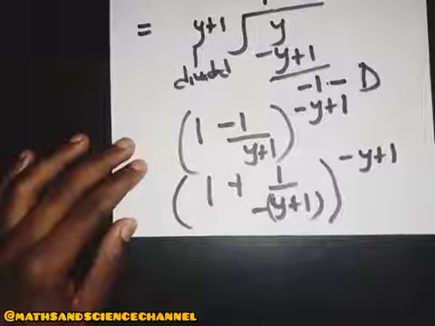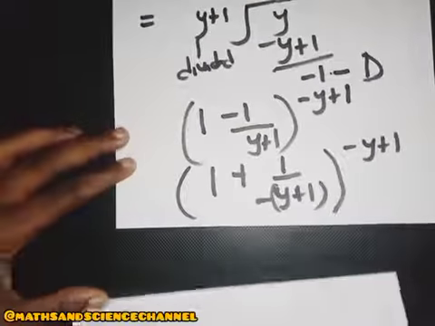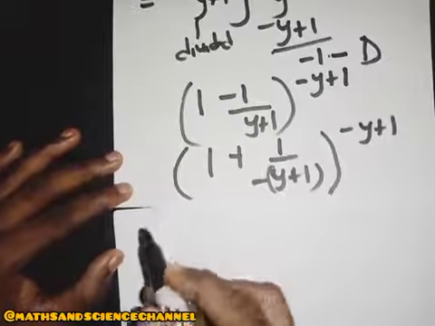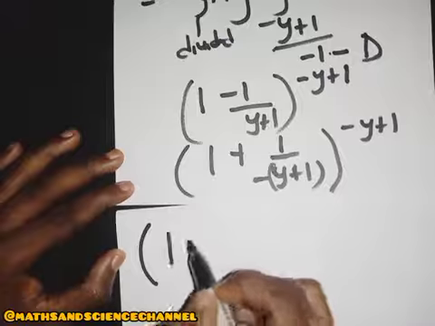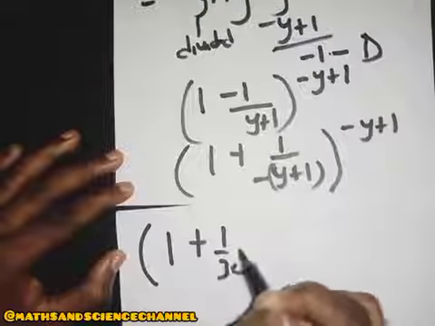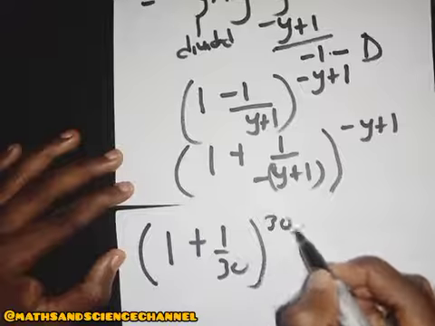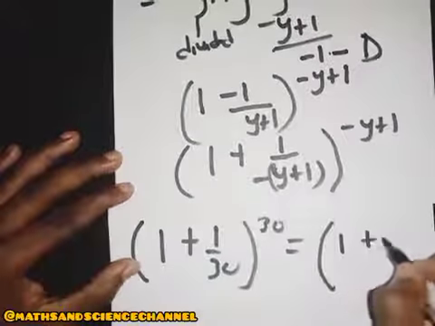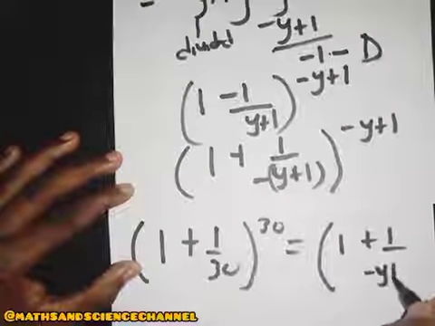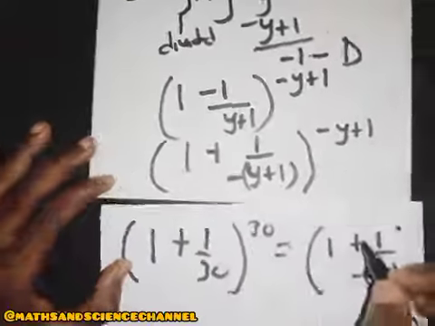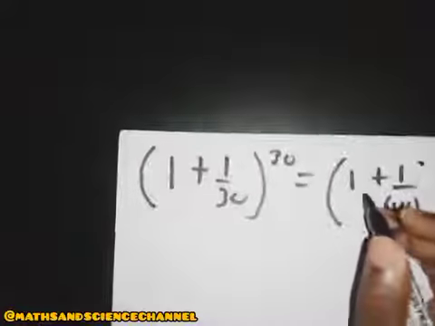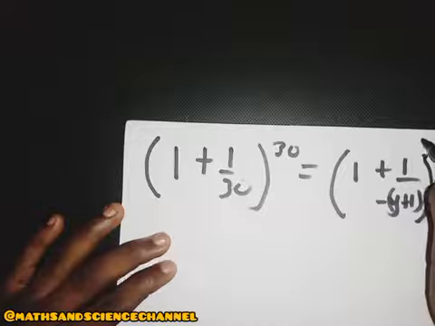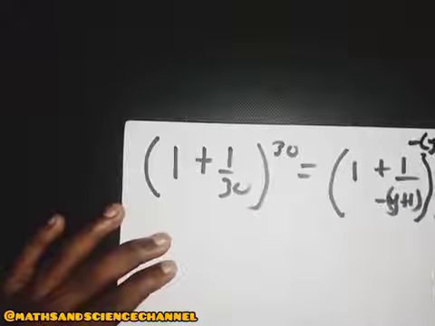From here, let's compare the whole of this to the left hand side. The left hand side is just 1 plus 1 over 30, to the power 30, being equal to the whole of that, which is just 1 plus 1 over negative y plus 1, to the power negative y plus 1.